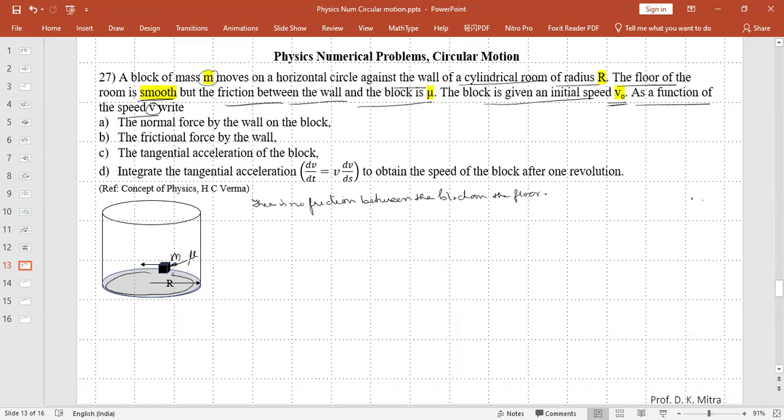the wall, touching the wall. But because there is a friction between the wall and the block, the speed of the block will start reducing. There will be a retardation.